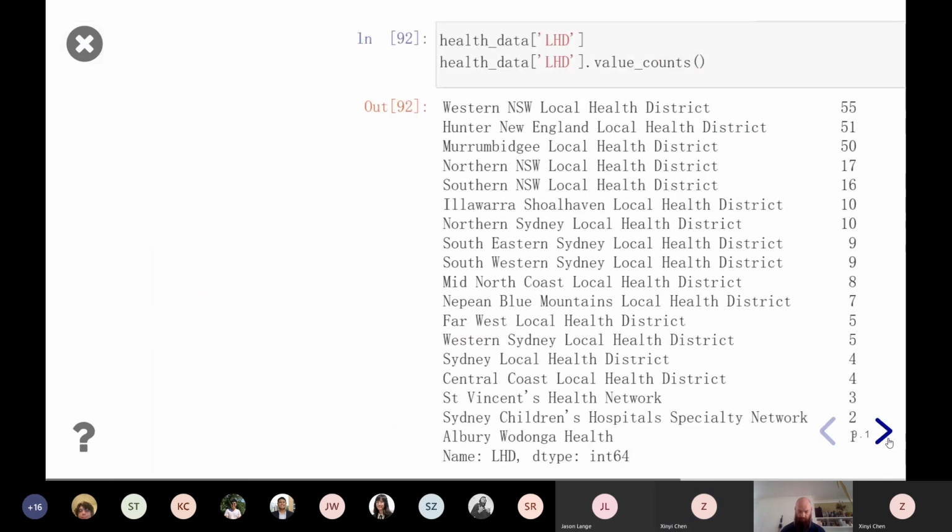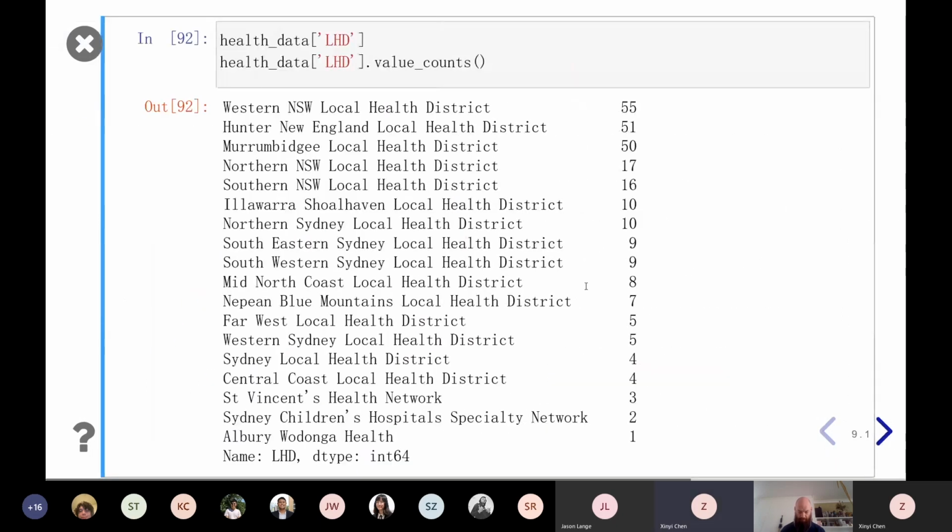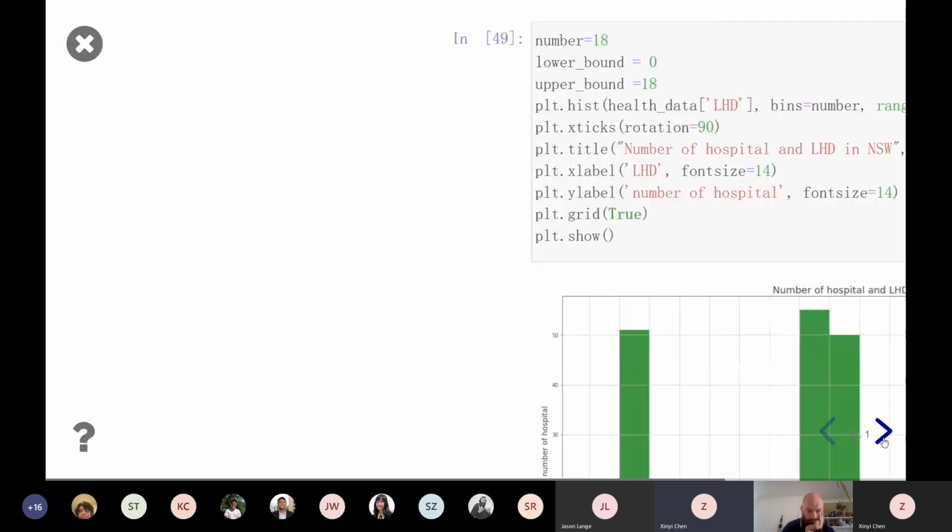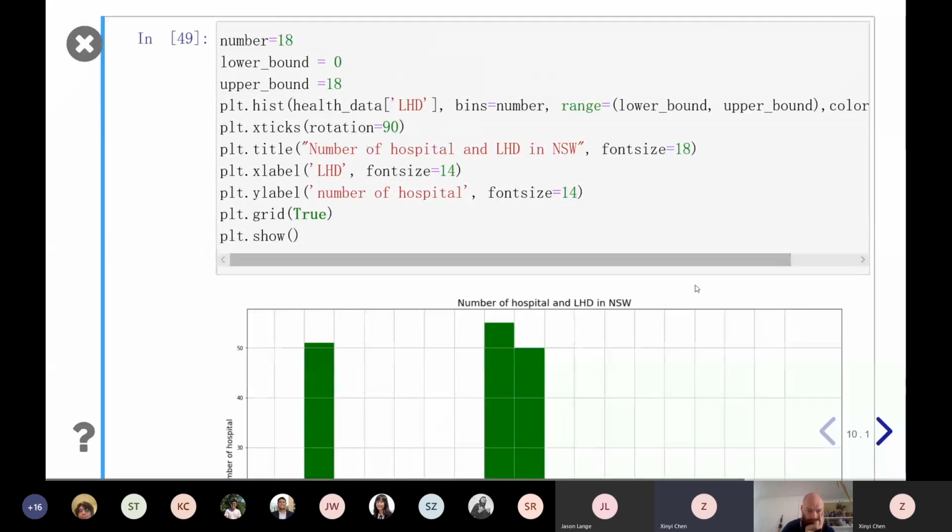And for this, I'm looking at the health data about the local health district, like which local health district those hospitals belong to. So I got the number, and this is my graph.